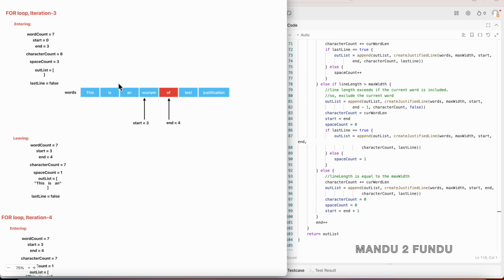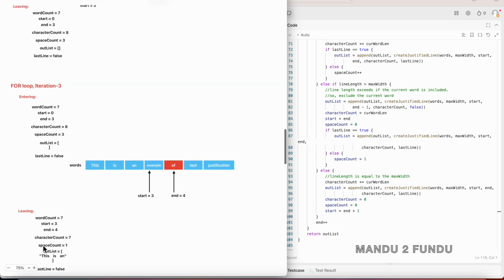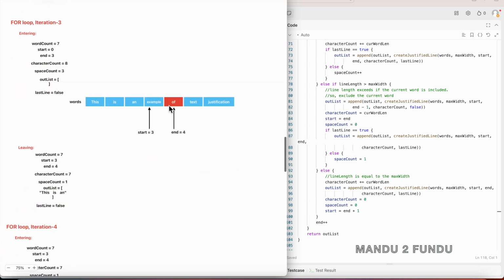Once that is done, we have to update the character count with the current word length. Basically, the current word will be the first word of the next line. That's why the current word is initialized. The character count will be set with the length of the word, and then the space count will be added, and the end pointer will be incremented, pointing to the next word.